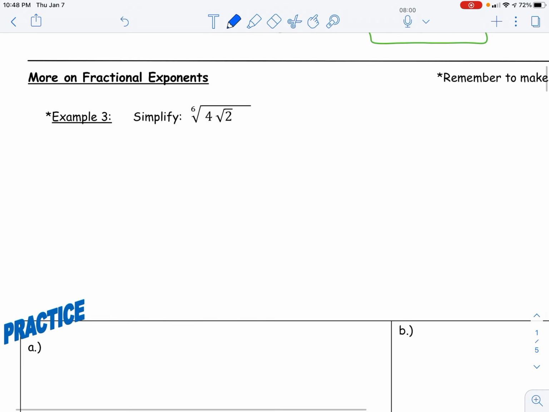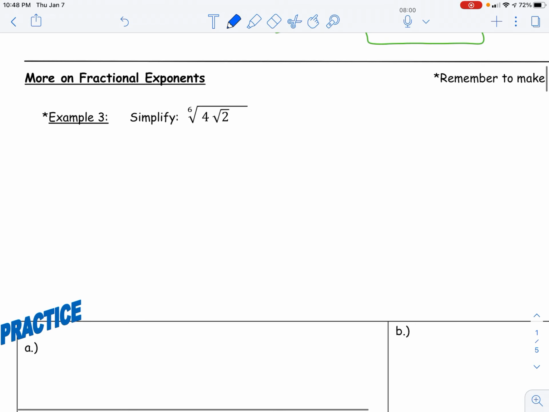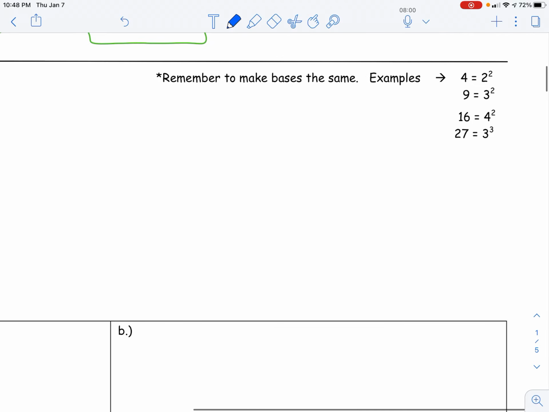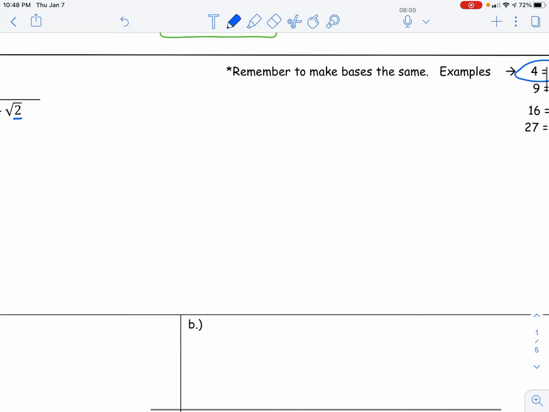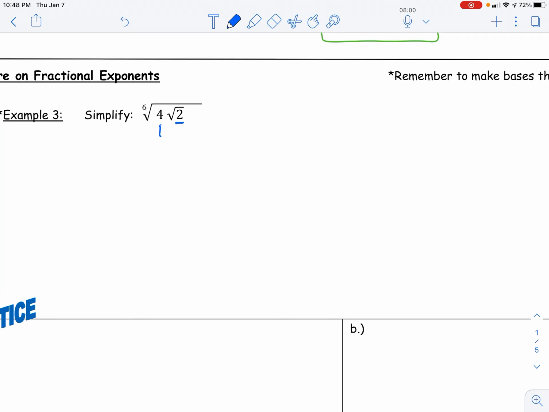All right, example 3. We have the 6th root of 4 times the square root of 2. So notice I need to have the same base as what's in here. So this 4 is going to have to become something different. Look here. We're going to re-express it as 2 to the 2nd power.